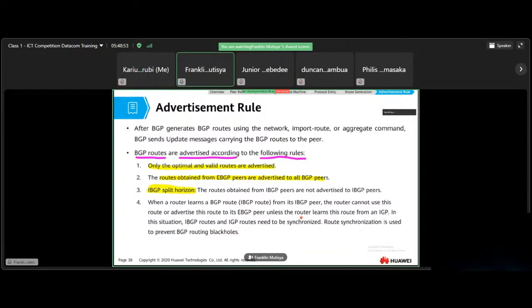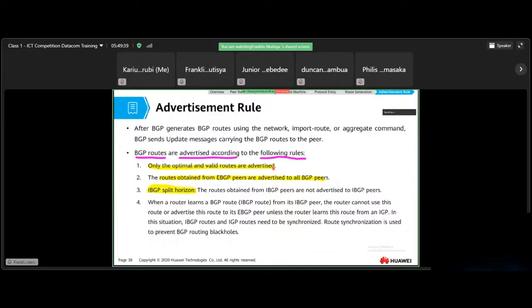Now let's look at BGP route advertisement rules. After BGP generates BGP routes, the first rule is that only optimal and valid routes are advertised.